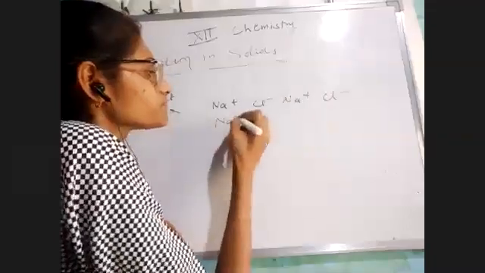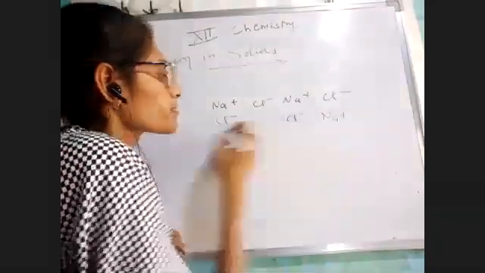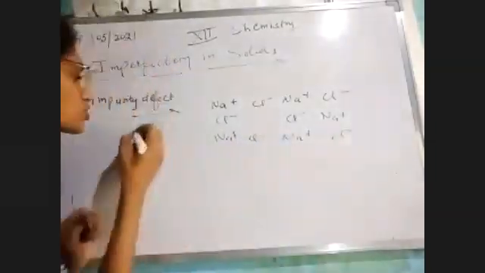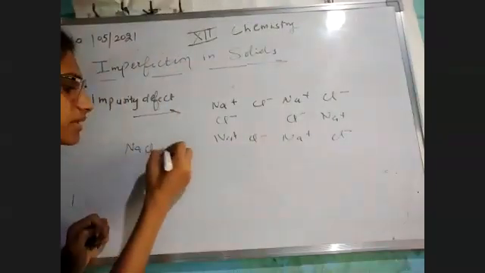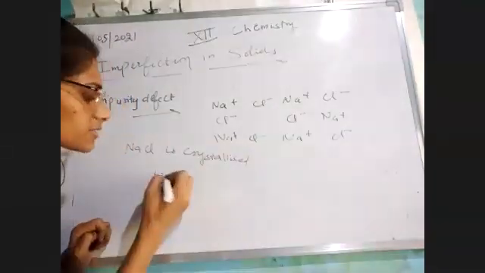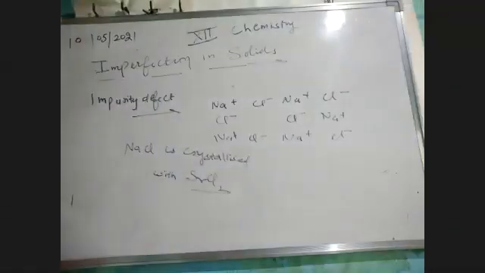and that particular solid is crystallized with, suppose, strontium chloride. Strontium is another compound which has also a positive charge.